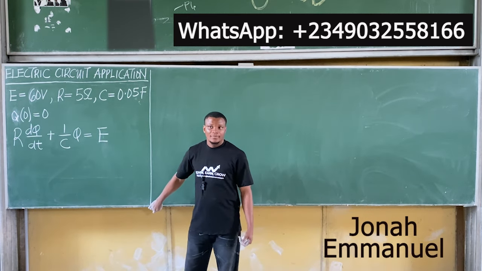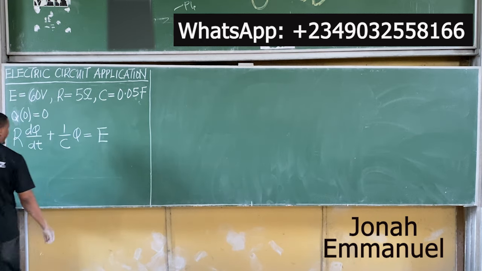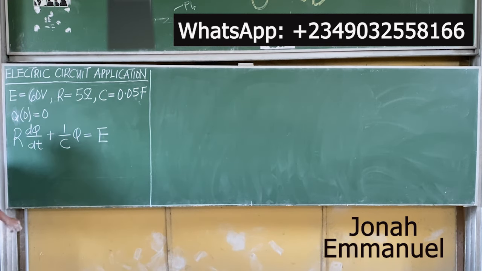Right? Let's impute values. You can substitute the formula first if you want to. Let's make dq over dt have a unity coefficient.